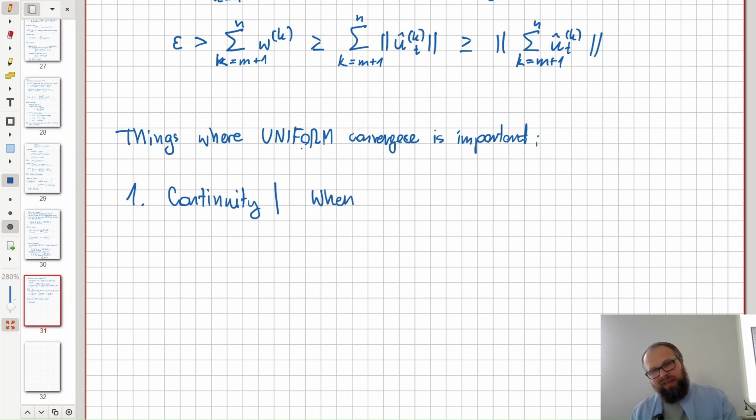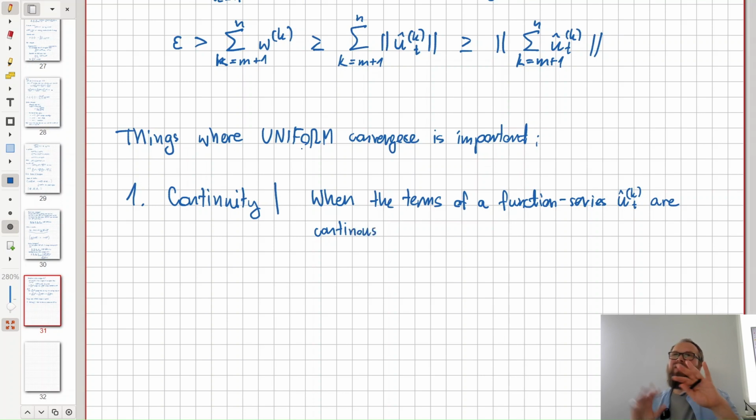When the terms of a function series u_k(t) are continuous, so we are summing continuous functions, that's good, we have to have some basis, and the series of those terms from 1 to infinity converges uniformly.